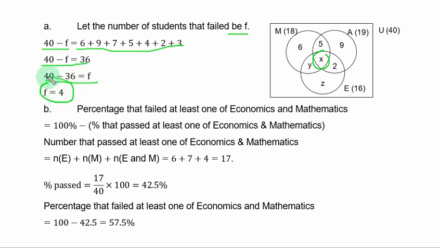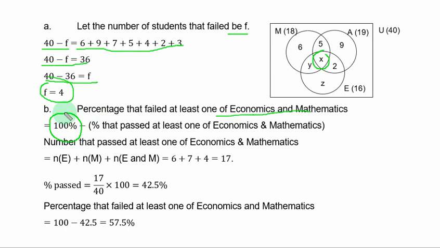B part of the question, find the percentage that failed at least one of economics and mathematics. Now the whole class, you can take it as 100%.